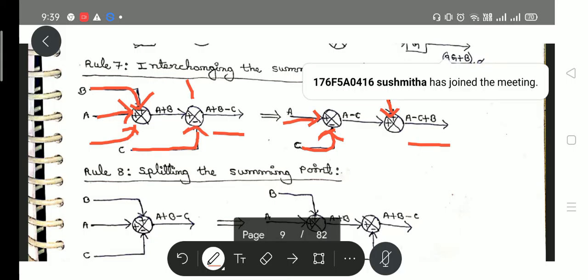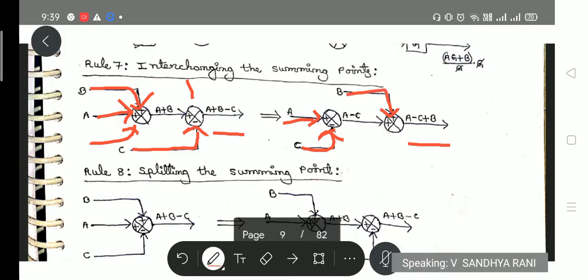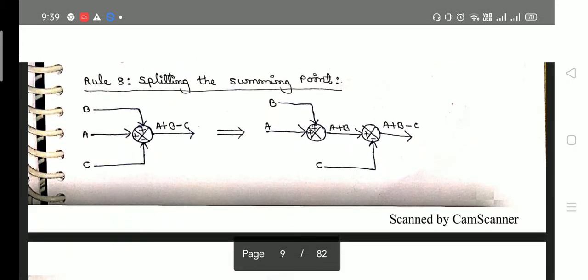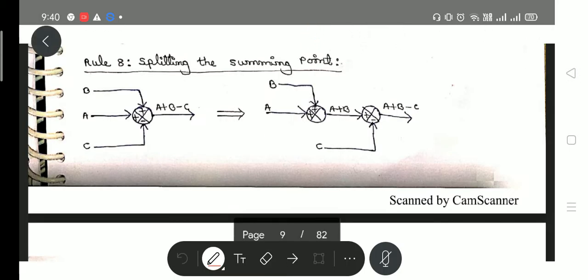Next one is rule 8, splitting the summing points. Here the inputs connected are A, B, C. I am splitting the summing point.